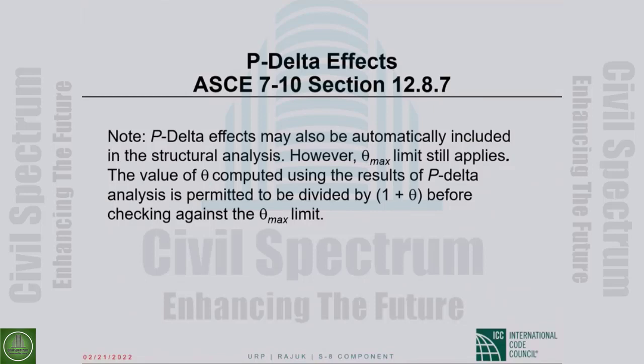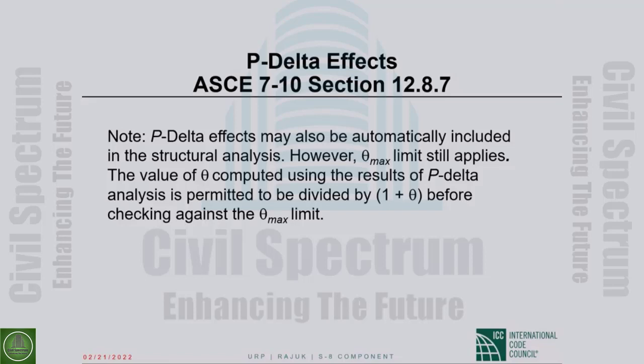However, the theta max limit still applies even when you include P delta in your analysis. The value of theta computed using the results of P delta analysis is permitted to be divided by 1 plus theta before checking against the theta max limit.